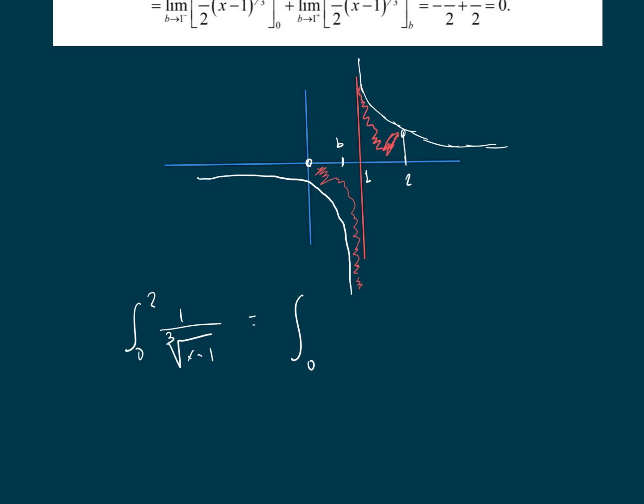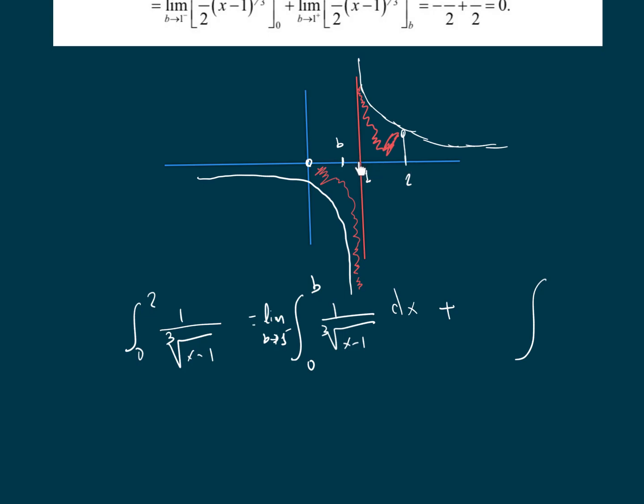So we will do the integral from 0 to 1, but instead of 1, we put b, and we put the limit as b approaches 1 from the left. So it is the limit as b approaches 1 minus of the function 1 divided by the cubic root of x minus 1 dx. And later on, we have to do the integral, the area, from 1 to 2.